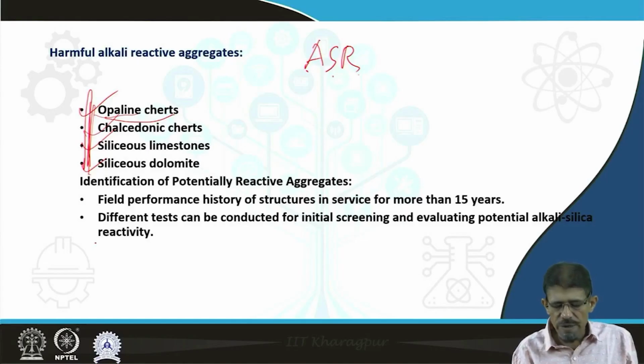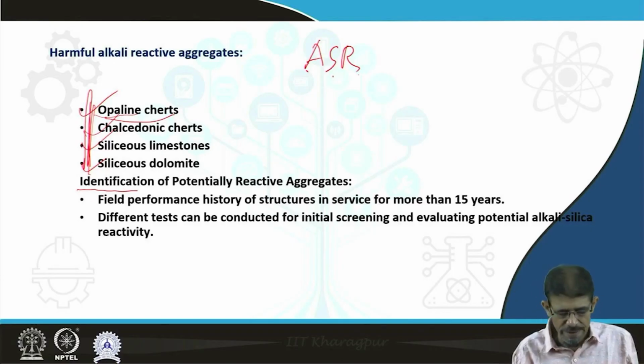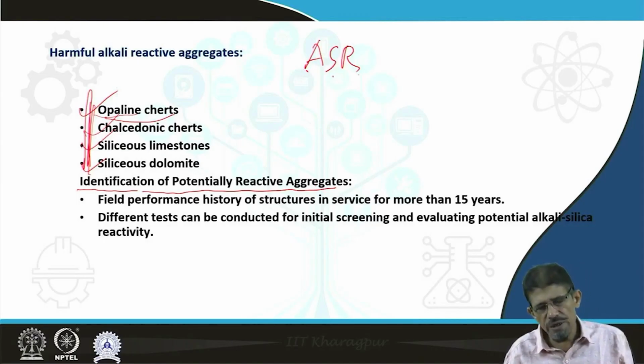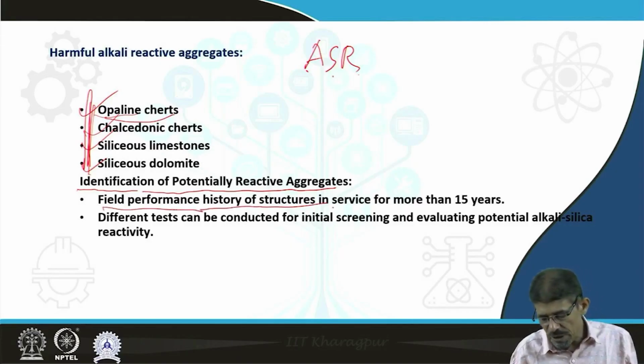Next aspect we are going to discuss: how to identify potentially reactive aggregate. As we have already discussed, this is based on observations and experience, the field performance history of structures in service.